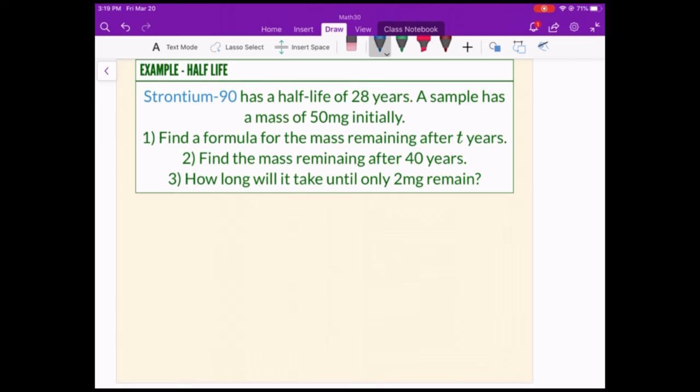Strontium-90 has a half-life of 28 years. A sample has a mass of 50 milligrams initially. So first we want to find the formula for the mass remaining after t years.